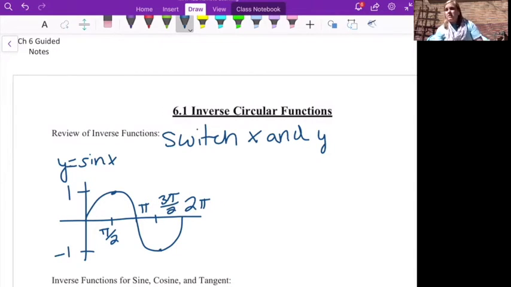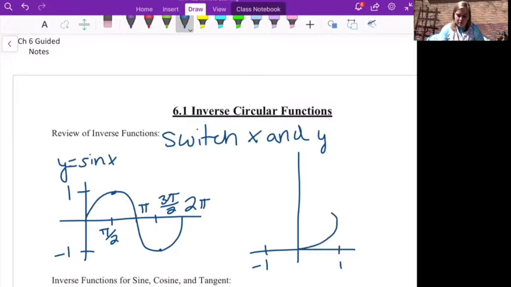So we can find the inverse even if it's not a function just by switching x and y. And so then the inverse would look like this, where now our x's go from -1 to 1. And then our graph would look like this, where our y value is now pi over 2, pi, 3 pi over 2, and 2 pi.